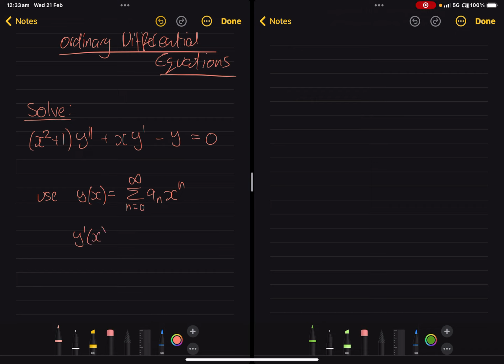So y prime of x is equal to the sum from n equals 1 to infinity of n times a_n times x to the n minus 1. The second derivative, y double prime of x, is equal to the sum from n equals 2 to infinity of (n minus 1) times n times a_n times x to the n minus 2.